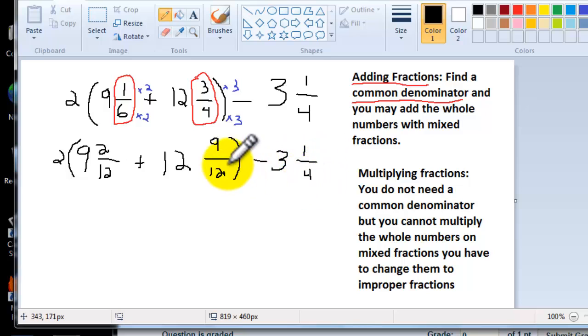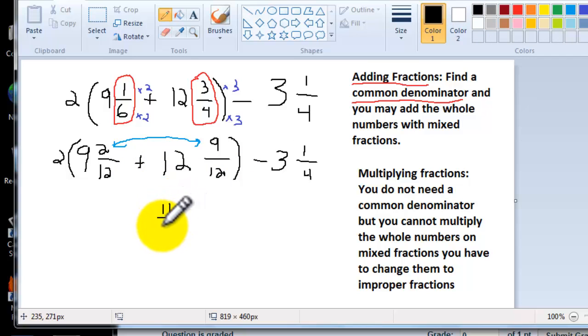Okay, now we can proceed inside the parentheses by simply adding the 2 plus the 9. 2 plus 9 is 11, so we will have 11/12 in the parentheses.